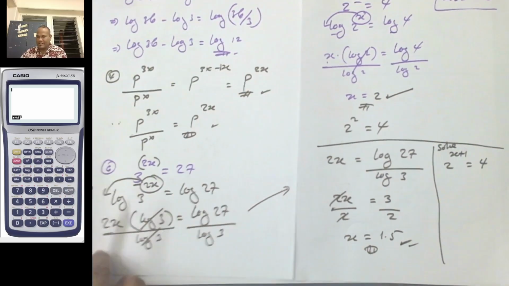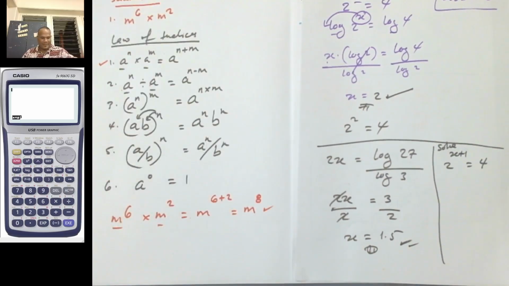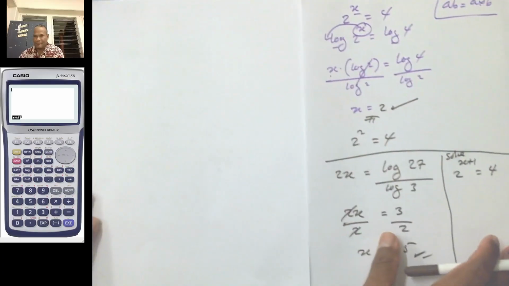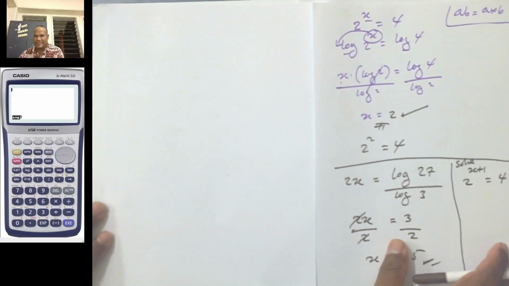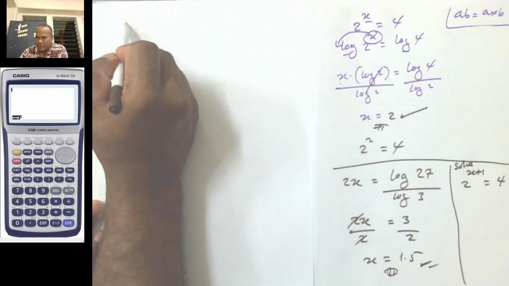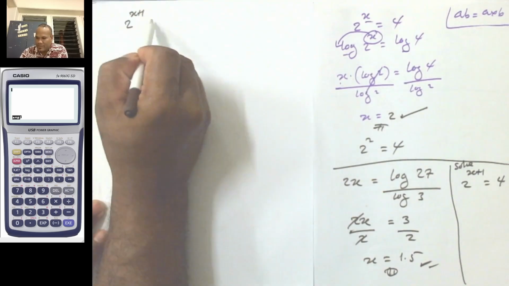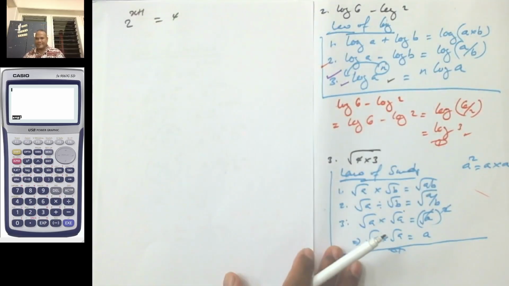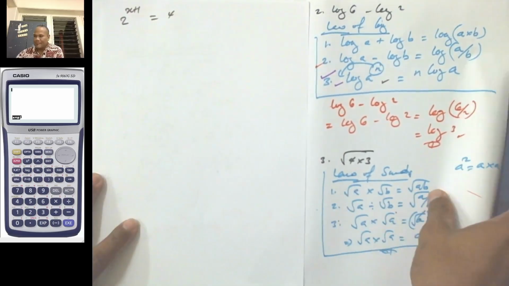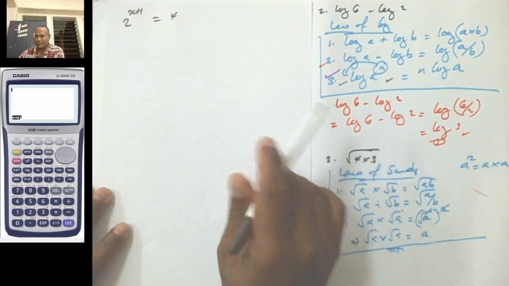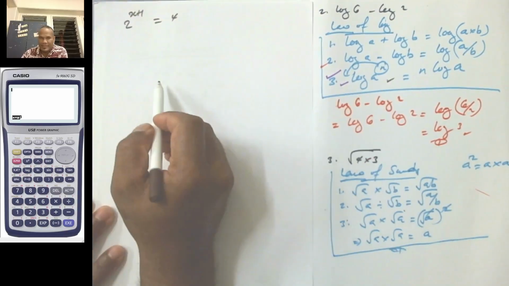Okay, let's try that out together. Our question here is 2 to the power of x plus 1 is equal to 4. We'll try and use the log law.